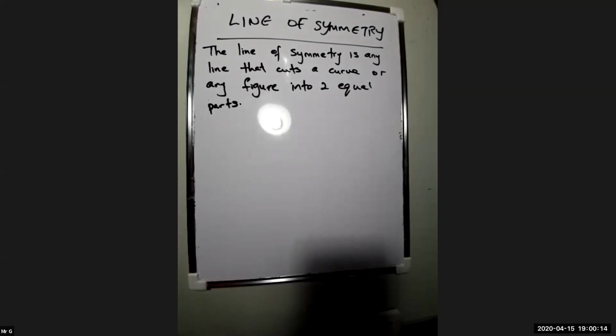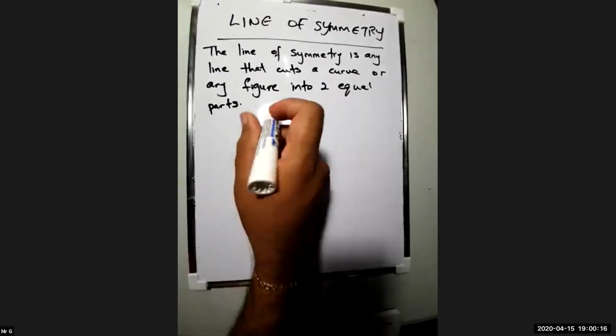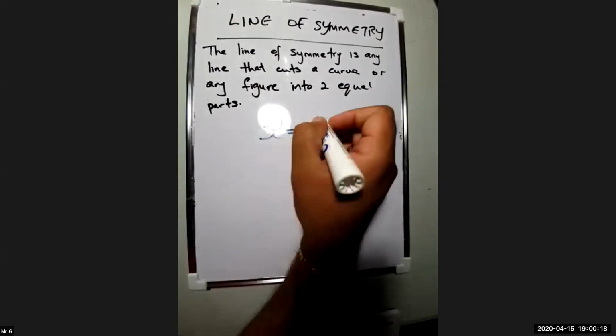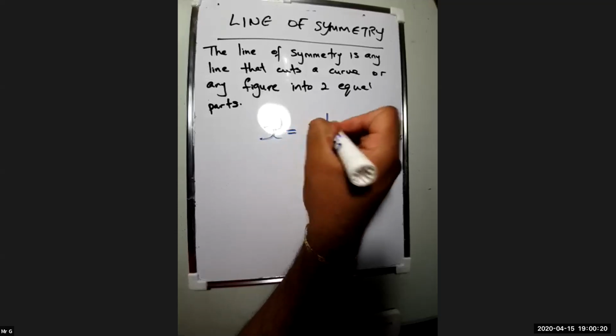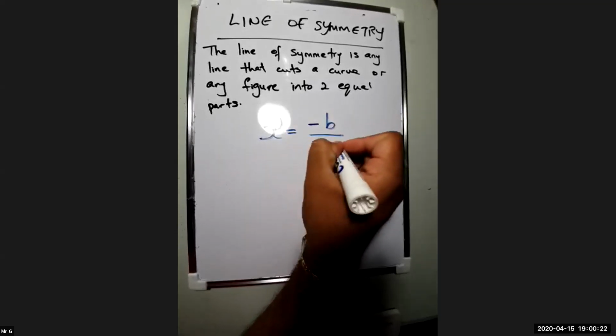So in maths, to find it, x is equal to minus b all over 2a.